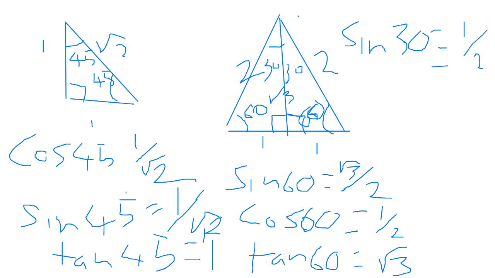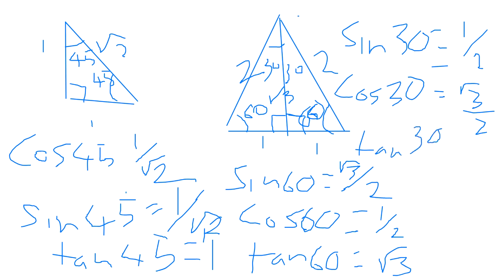Then we can have cos 30, which is adjacent over hypotenuse, root 3 over 2. Then we can talk about tan 30 equals opposite over adjacent. So this will be 1 over root 3 or root 3 over 3 when we rationalize.